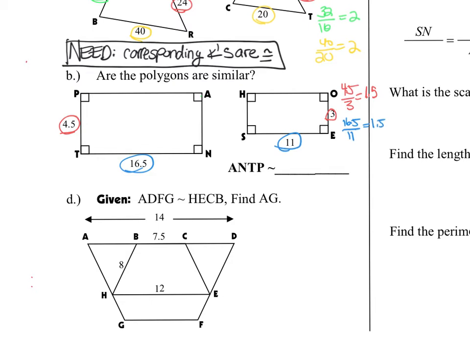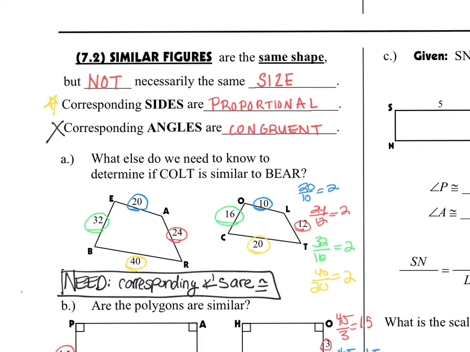What we actually have here are rectangles, so we know that the other two sides would also have that same ratio. When we go back and look up at what we need to know, we already have the corresponding sides.